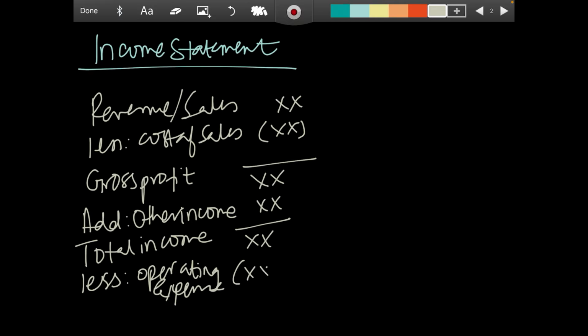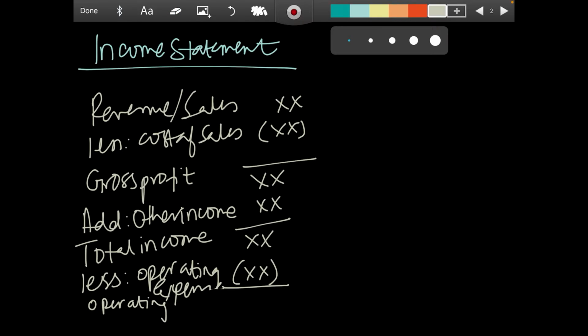So everything except that is included in the operating expense. So we will get operating profit, or we can call this profit from operations.